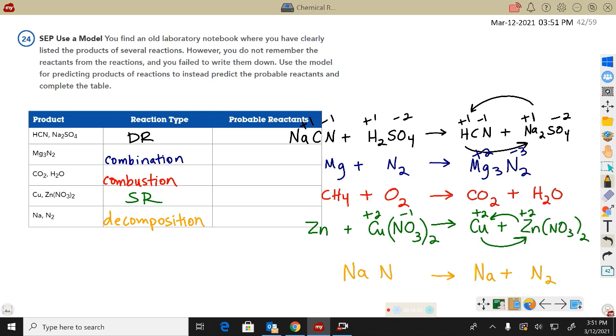Now I'd have to check my charges. Together as a compound, sodium is +1, nitrogen is -3. Whoa, so I would have needed 3 sodium, which then obviously this is not balanced. So I'd have to go back and forth and balance it a little bit. But maybe the original reactant was sodium nitride. That would then break apart into elemental sodium and nitrogen gas, which is diatomic.